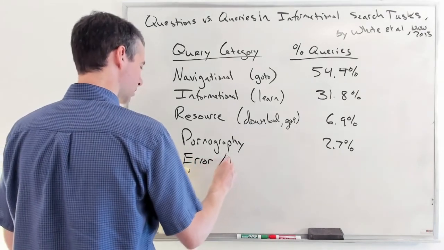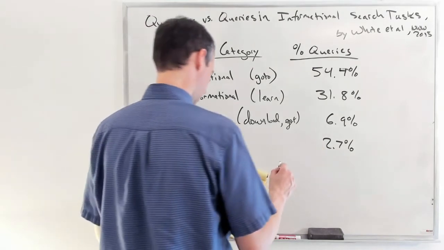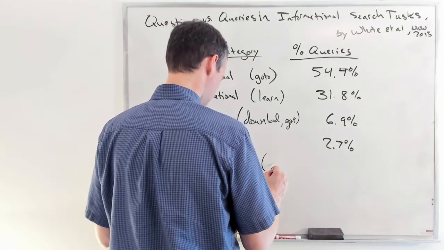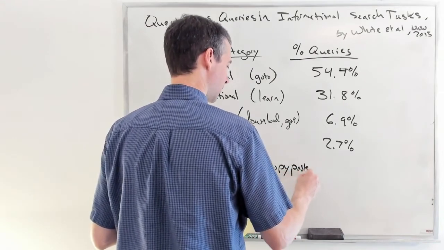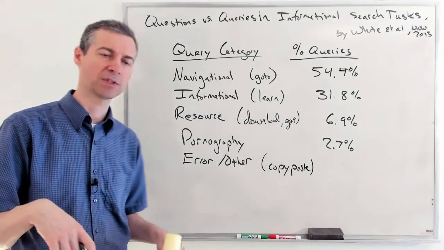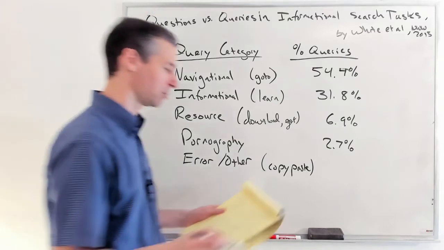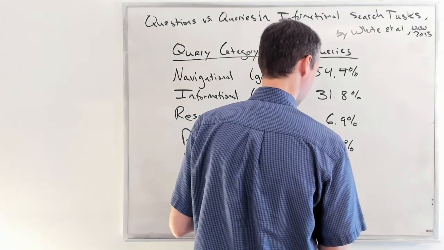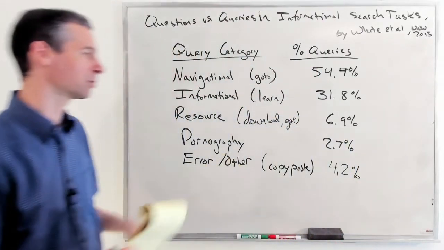And then there are a smattering of requests that come in that are clearly what we would call errors. Often these are copy and paste, where someone has accidentally copied and pasted something into the search field and hit search, and they didn't want it. That wasn't their intention to do a search. That makes up 4.2%.